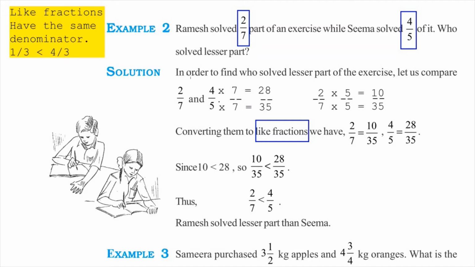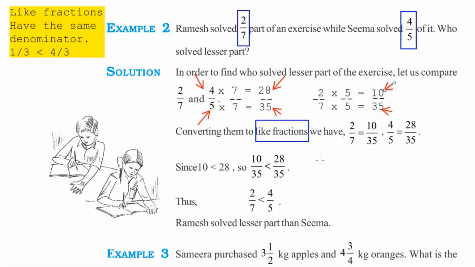Like I said, we need to multiply 4 and 5 both by 7. So we will be getting 28 by 35. Whereas for 2 by 7, we need to multiply both numerator and denominator by 5 so that we get 35 in the denominator, and the numerator becomes 2 5s are 10.